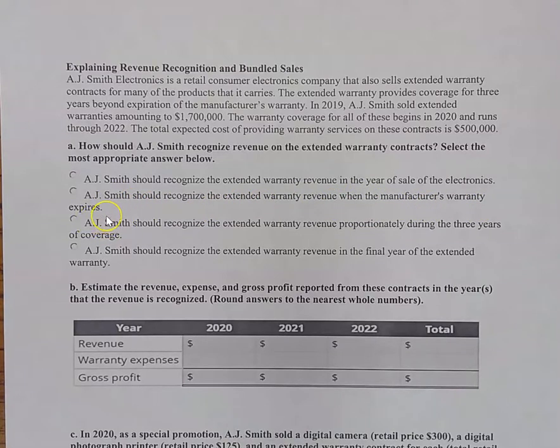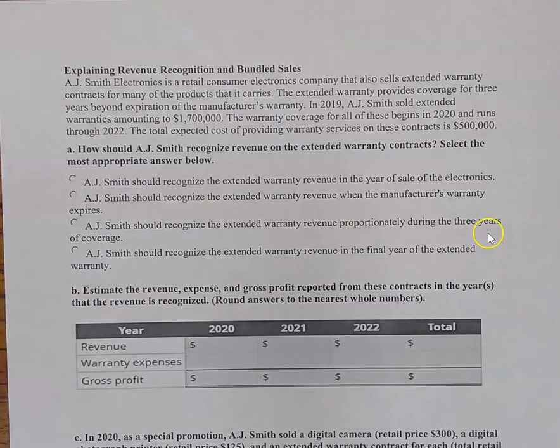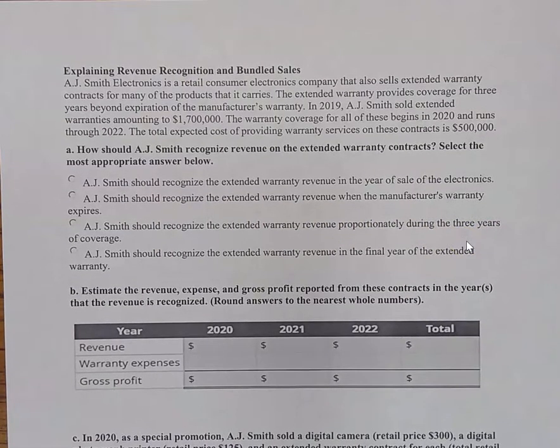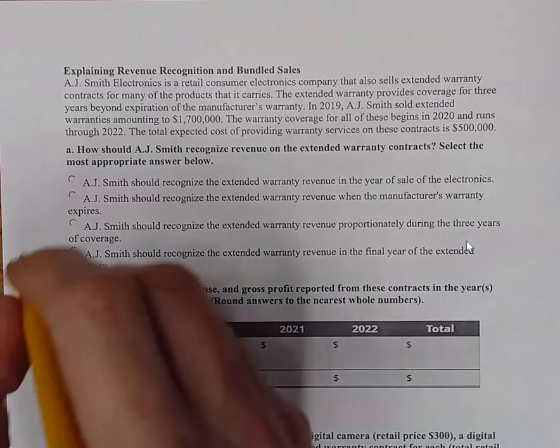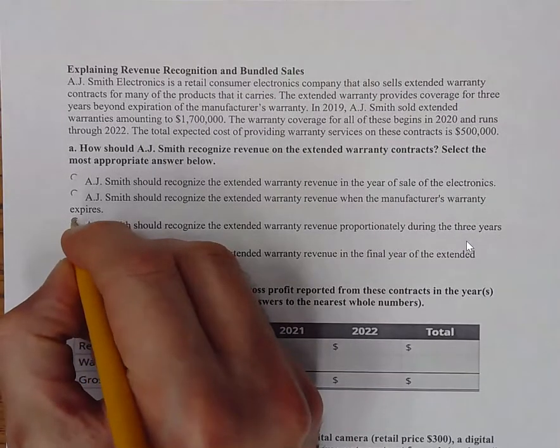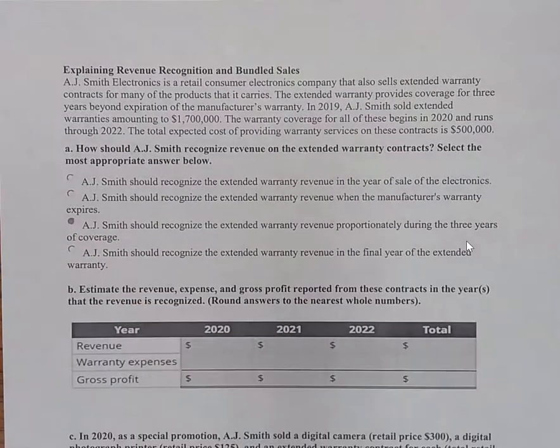Well, this is wrong because we recognize revenue as it is earned, and only a portion of that would be earned in the year when it expires. Should recognize the extended warranty revenue proportionately during the 3 years of coverage. This is going to be our best answer here. That was the third one, so let's mark that.